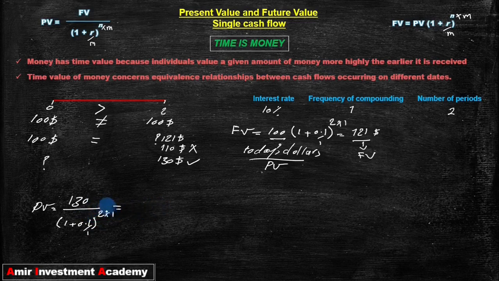So, how much will this be? It will be $107.44. So that means $130 in 2 years in today's dollar is worth 107.44. So that's the equivalent amount to that $100.